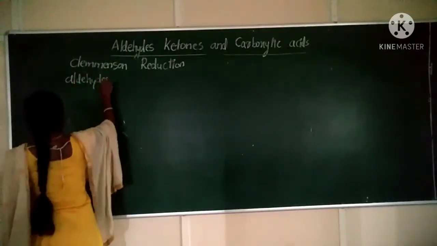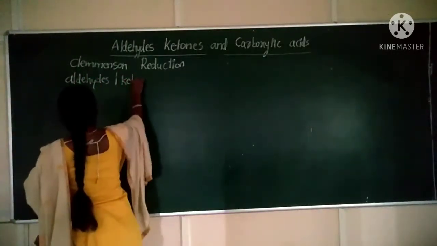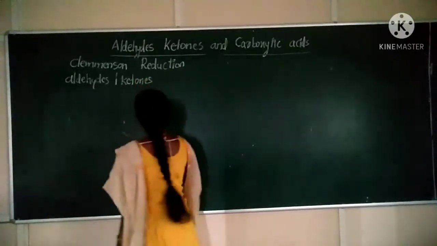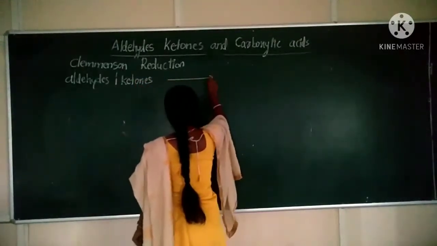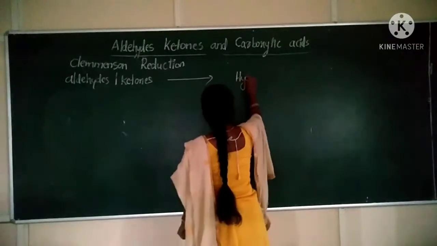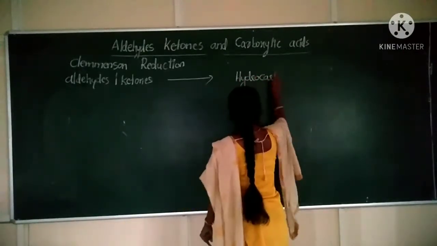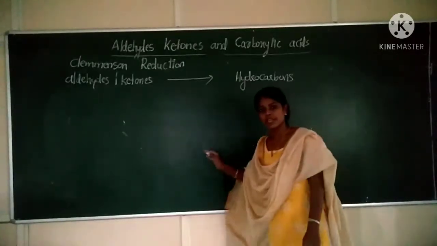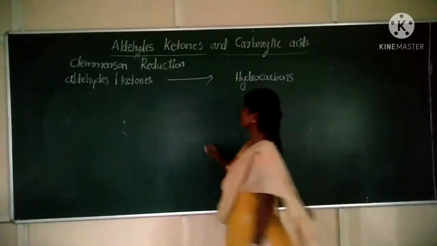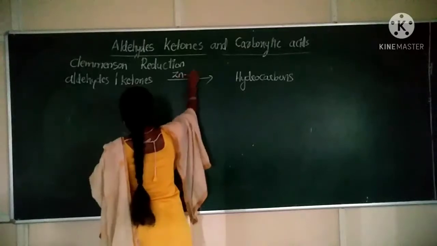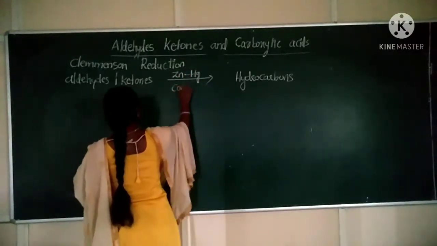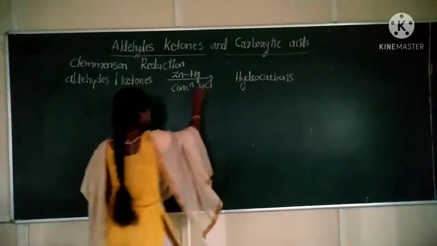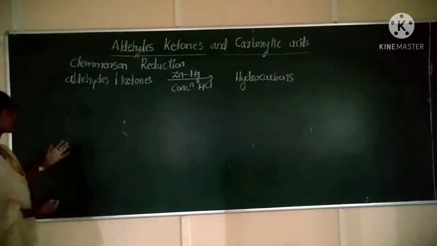Aldehydes and ketones are converted into what? Hydrocarbons by reduction, by treating with what? Zinc amalgam and concentrated HCl. Clear? So this reaction is said to be what?